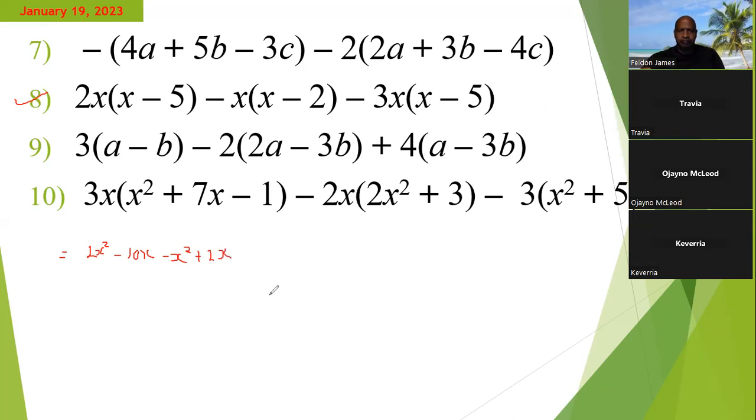Next, for the third bracket, I have minus 3x squared plus 15x. And then I have 2x squared.